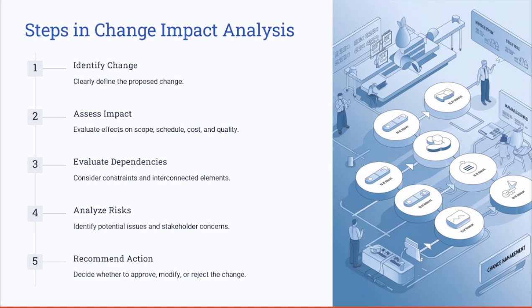Also, ensure you involve the stakeholders or the team doing the work, so they have a broader understanding of these changes in terms of cost, resources, and time needed to implement them, and how they could impact the other project constraints. After that, you need to evaluate the dependencies and constraints. Based on that, you analyze the risks and stakeholder concerns. And finally, you recommend whether to approve, modify, or reject the change.